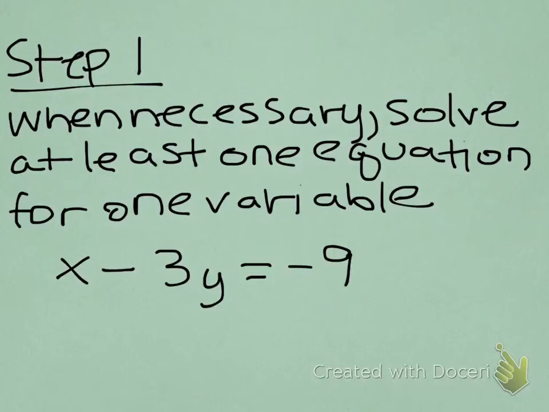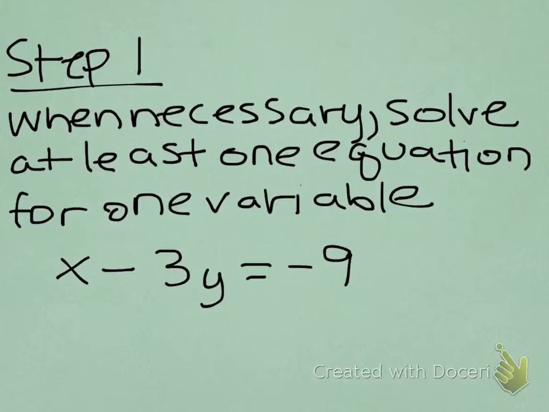The first step is to, when necessary, solve at least one of the equations for one variable. What that would mean, if I saw this equation here, x minus 3y equals negative 9, then I would solve for either x or y. What I mean by that is I'd get the variable by itself. You can choose which variable you'd like to solve for, whatever is an easier process.